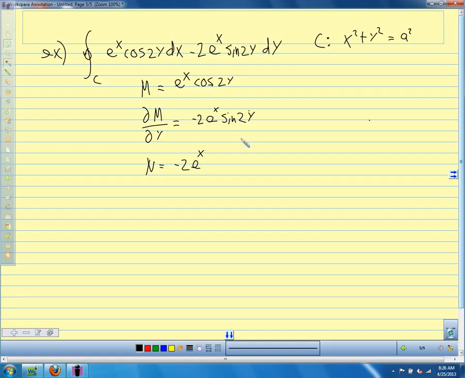Let's see. Did I write this wrong here? I don't want a 2 here. N is minus e to the x. What did I do here? I think I mixed up my M and my N and my partial derivatives here.